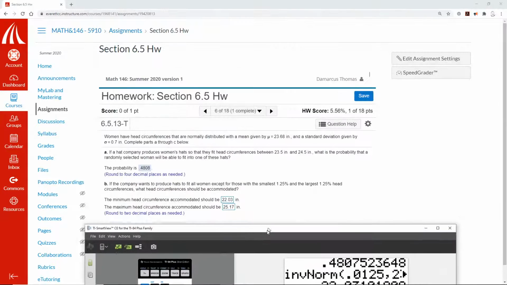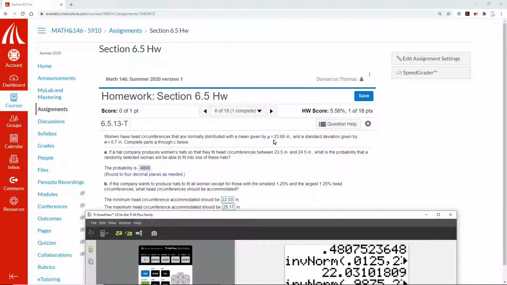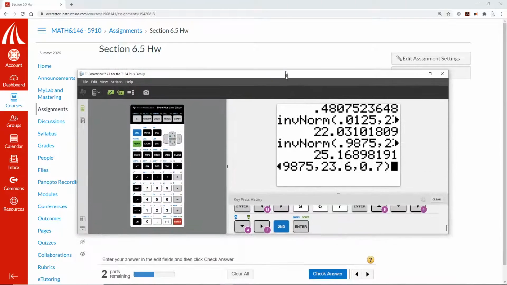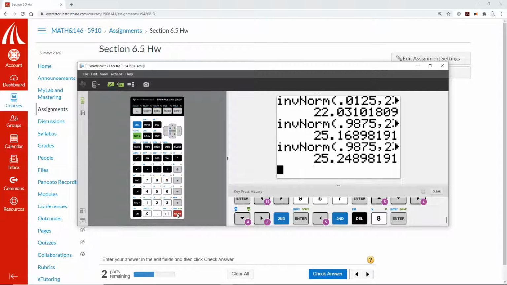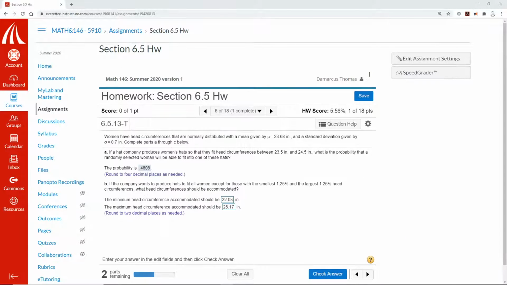I typed 23.6 for the mean. It's actually 23.68. Okay. That actually makes a big difference. So it's 25.25 when you round to the nearest hundredth.